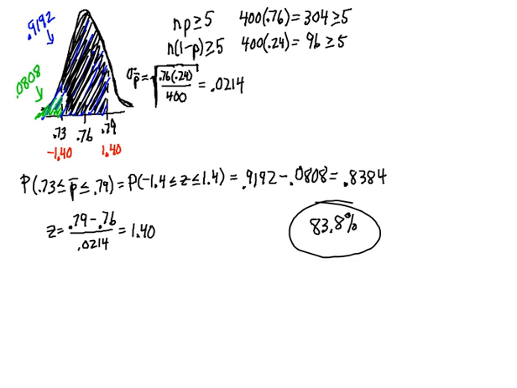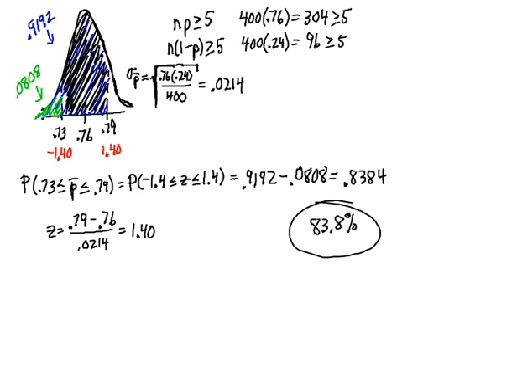So, if I go out and take a random sample of 400 consumers and ask them whether they read the ingredients on product labels, and calculate the percentage that do, then there's an 83.8% probability that the percentage I calculate will be somewhere between 73% and 79%.